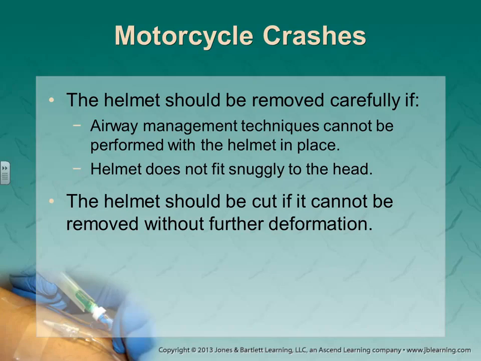Or if the helmet is not a properly sized fitting helmet, right? The helmet should be cut if it can't be removed without further deformation. So we should get the helmet off if it's impeding the airway or if it's not allowing us to properly restrain the head.